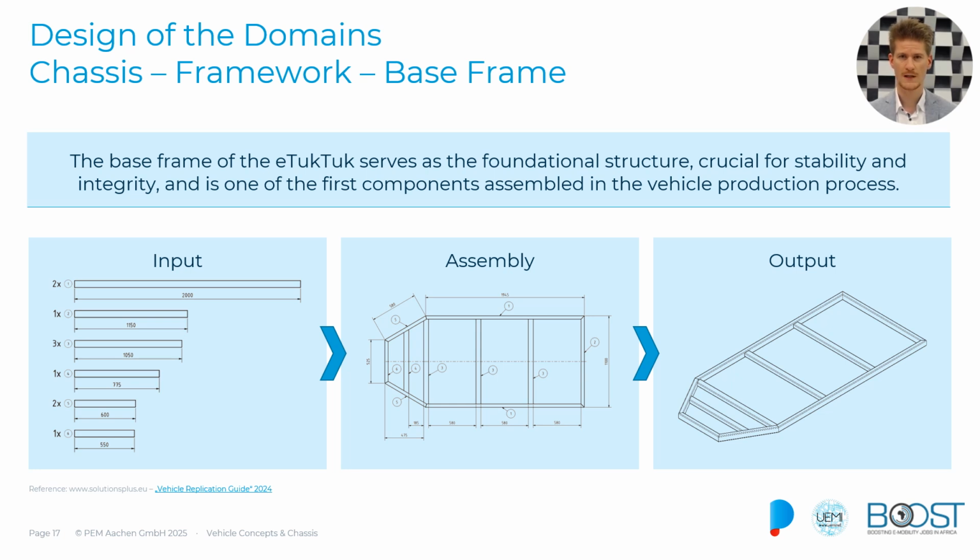Therefore, it is very crucial that it is the first component to be assembled and produced, and it will be used for everything that we do later on. An input for this domain is a set of profiles. We use steel profiles. These are cut to length and cut to measure, and then they are assembled and welded. On the right-hand side you can see the output, which is this more or less triangular-shaped base frame.